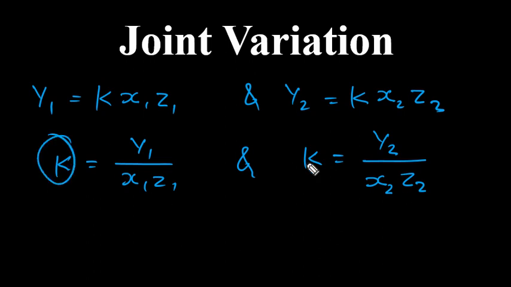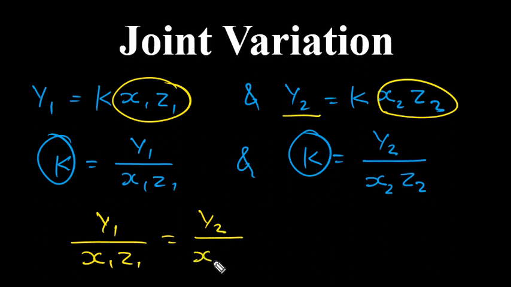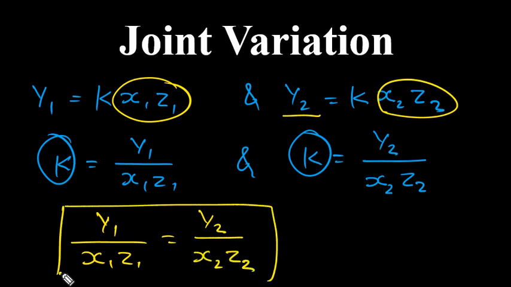Since the constant remains the same, I divided both sides and you will get y1 over x1 z1 equals y2 over x2 z2. You can use this information to solve problems.